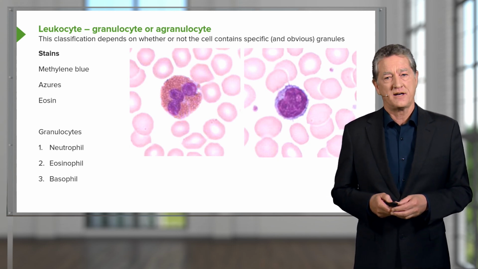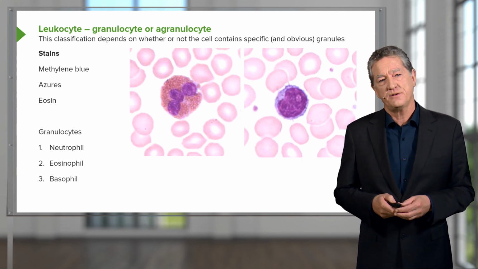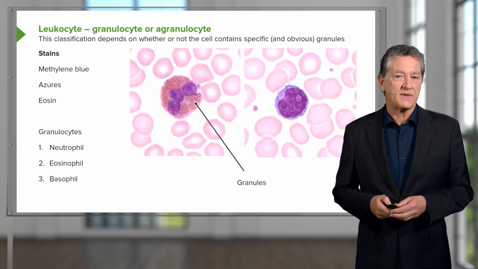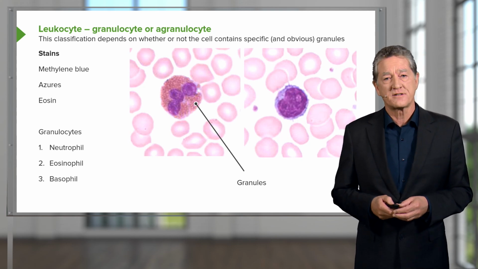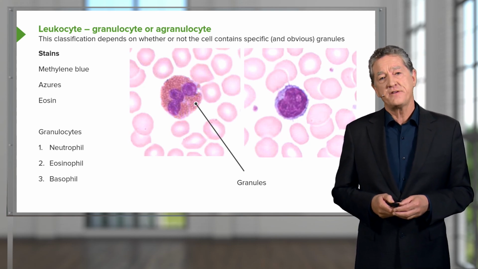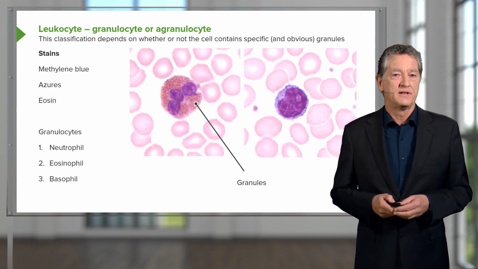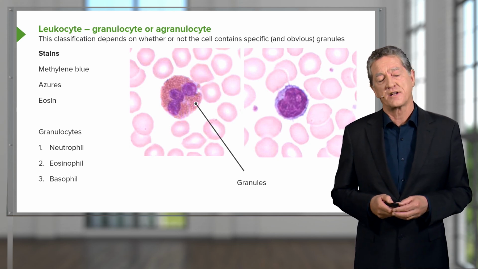They're basic dyes. And we use eosin or eosin-like dyes as acid dyes or acidic dyes. And they stain the granules in these granulocytes. And different stains will show up these granules in different colours. And that enables us to distinguish the different granulocytes that I'm going to describe.